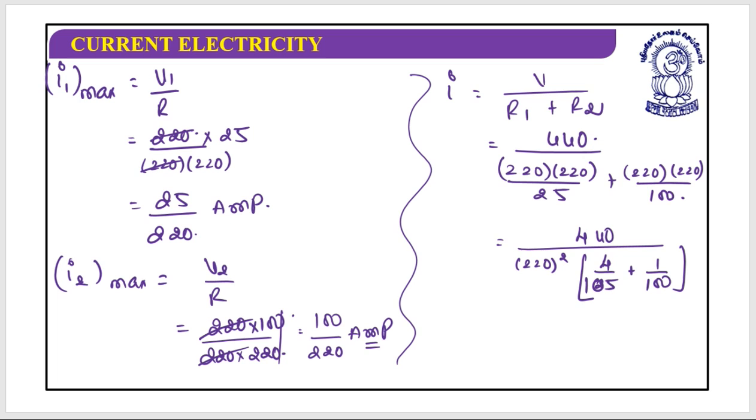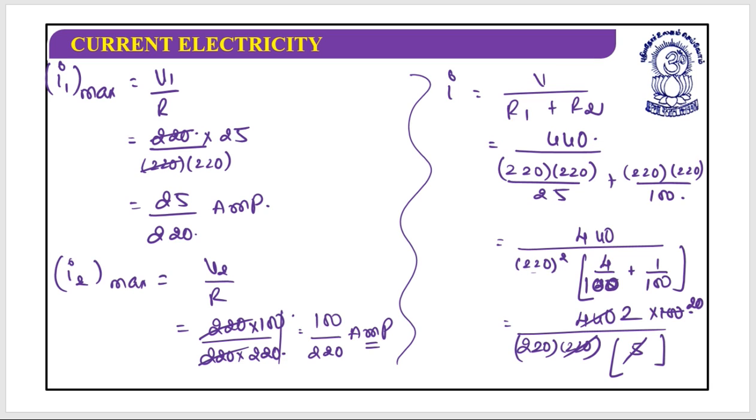I'm going to multiply this on both the sides, so that can be written as 440 divided by 220 square into 4 by 100 plus 1 by 100. This is 5 by 100. So the term that remains is 5 over 100, which is 1 by 20.